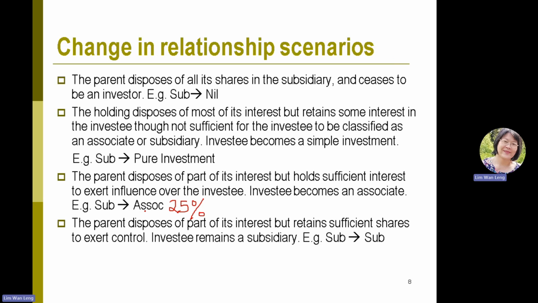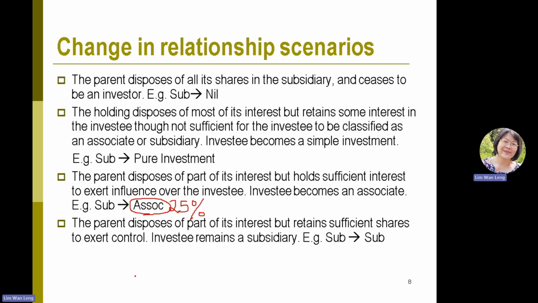Sometimes they will give you additional information saying that even though they have 25%, they are not able to exert significant influence. At that point in time, you must treat it just as a pure investment. Unless stated otherwise, you just use the normal more than or equal to 20, less than 50 for the status as an associate.